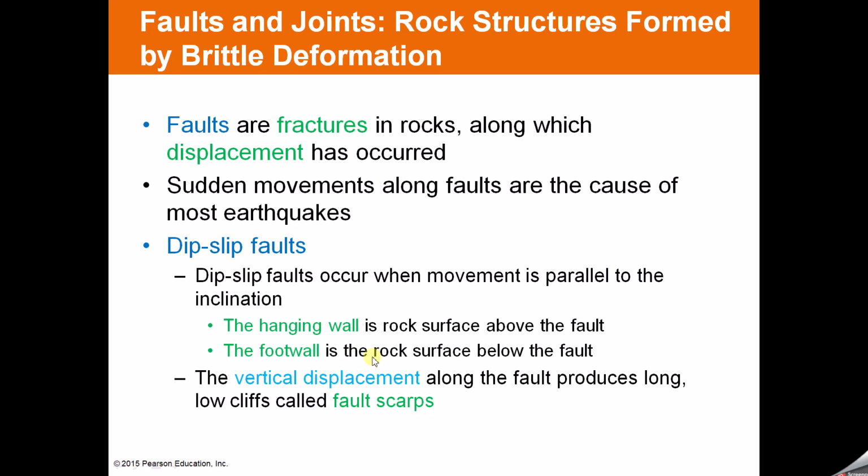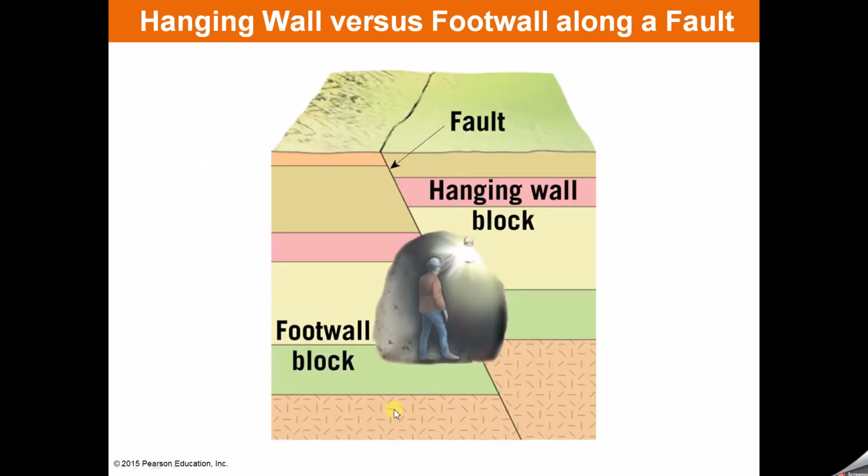The foot wall is the rock surface below the fault. We'll see it in the figure. The vertical displacement along the fault produces long, low clefts called fault scarps. We have also vertical displacement, neither dip slip nor strike slip. But we'll look at the hanging walls and foot walls.